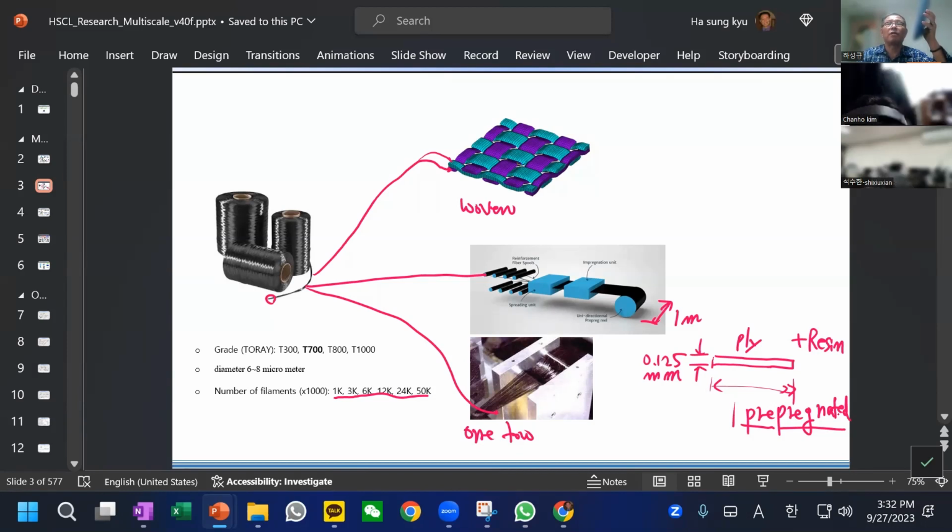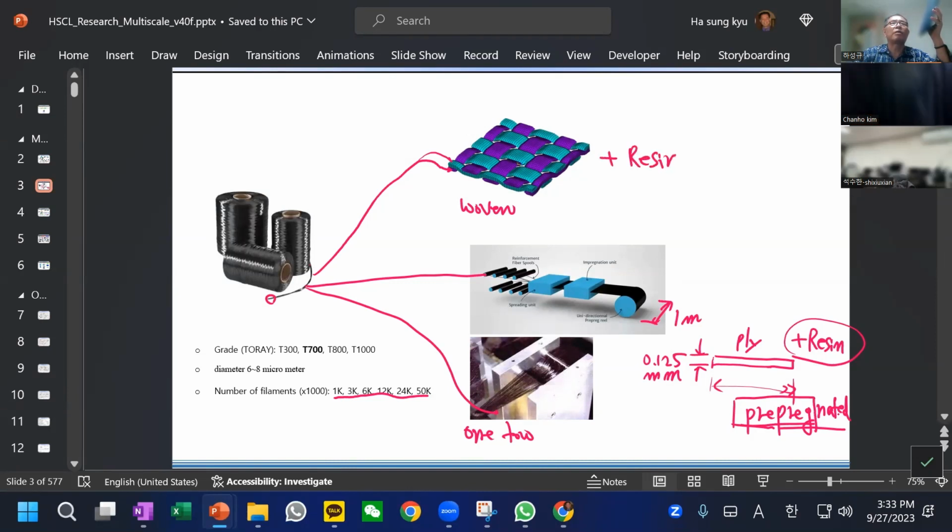So in short, we call it pre-preg. Now you can imagine how prepregs are made, starting from this tow and spreading, and then you have some resin system, and then you make the prepreg. And woven has no resin yet, so you need to have a resin there.